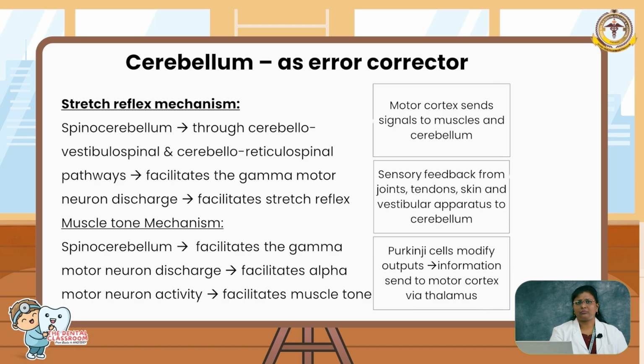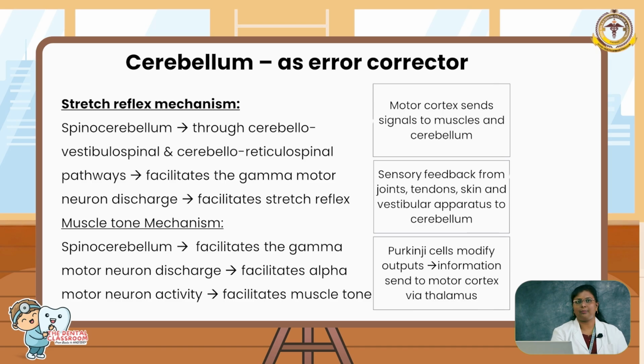Then from there it will analyze the activities. The motor cortex sends signals to the muscles for the motor activity as well as to the cerebellum. Our cerebellum also receives signals from the joints of our body, tendons, skin, vestibular apparatus and visual inputs. Everything will be gathered and analyzed.